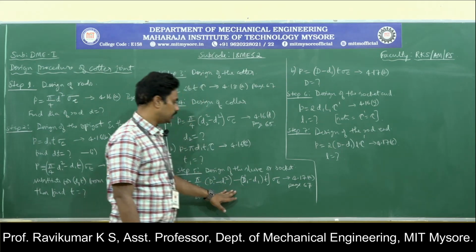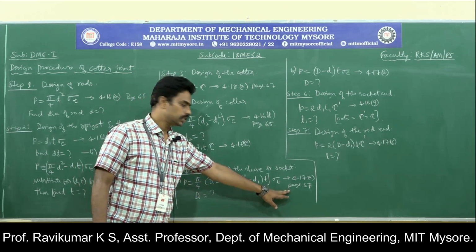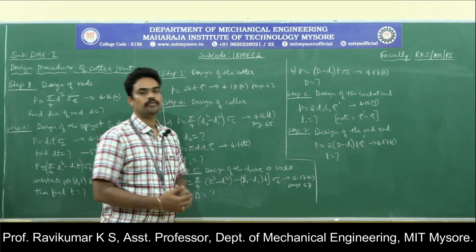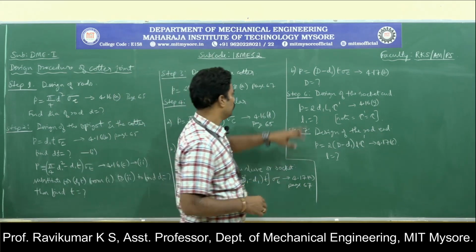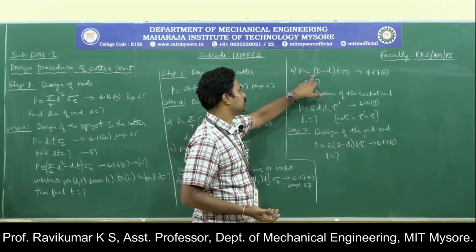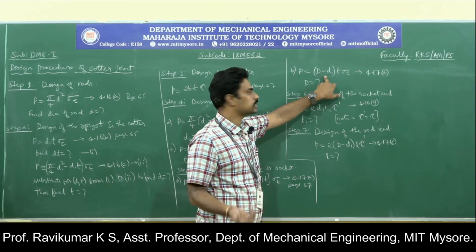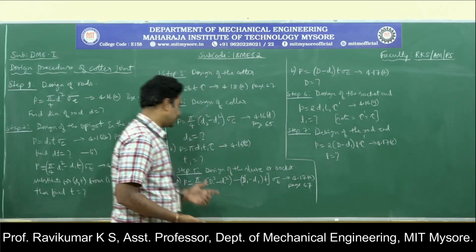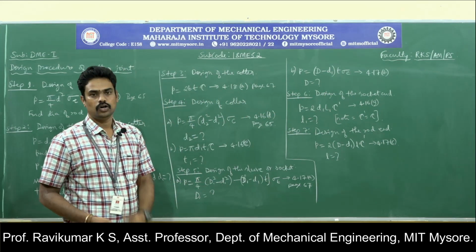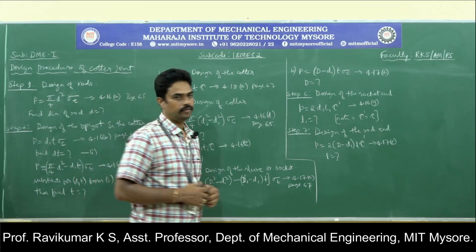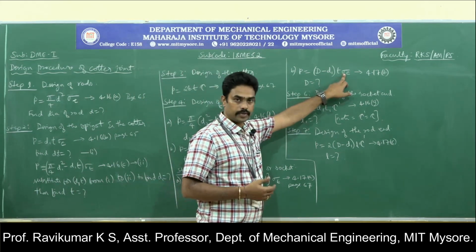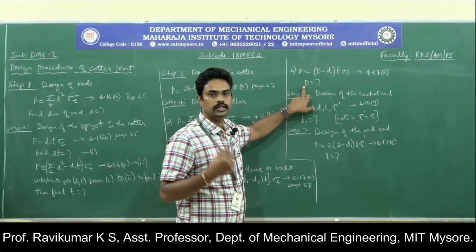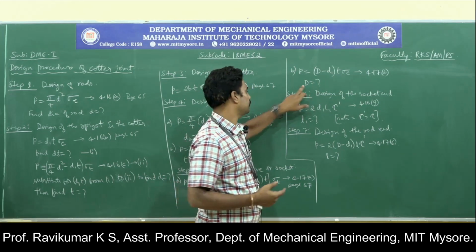Again you are going to find this equation on page number 67, equation number 4.17a. Then P is equal to D1 into D minus D1 into T into sigma C. Considering the compression in the sleeve or the socket, considering the compressive stress, try to calculate the diameter capital D.